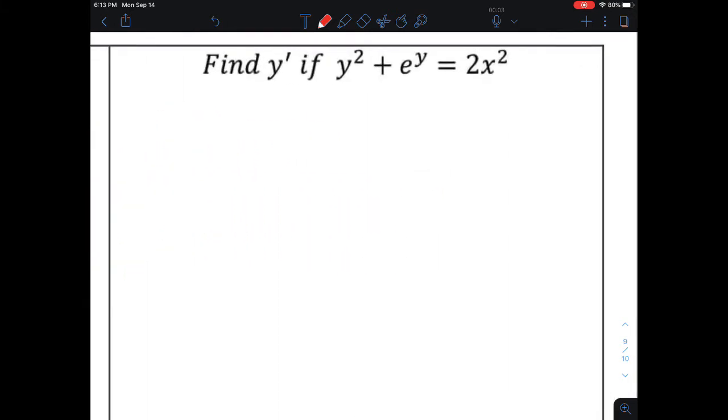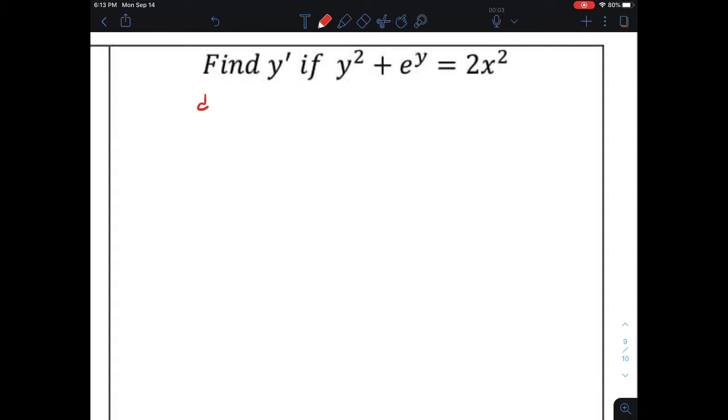Now let's look at this one. Find y prime if y squared plus e to the y power is equal to 2x squared. Well, basically that means find the derivative implicitly.